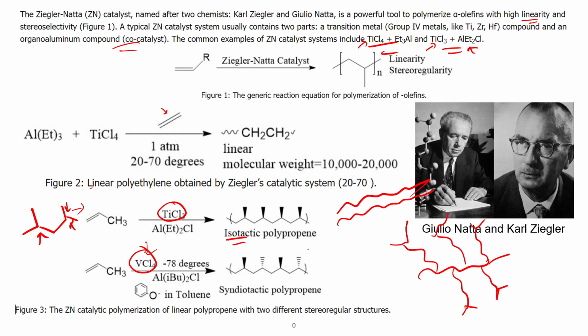That's how you can decide how you want to form that material, and it depends fully on the variation of this reagent, whether it is titanium or vanadium.